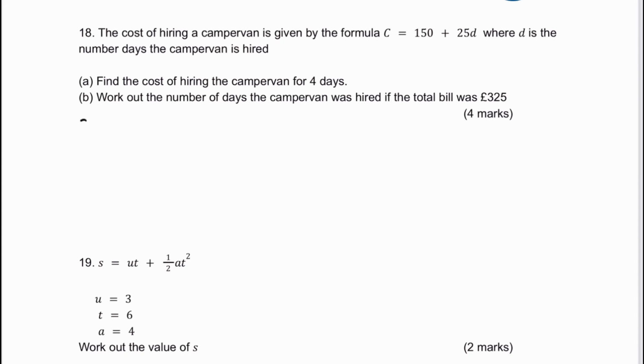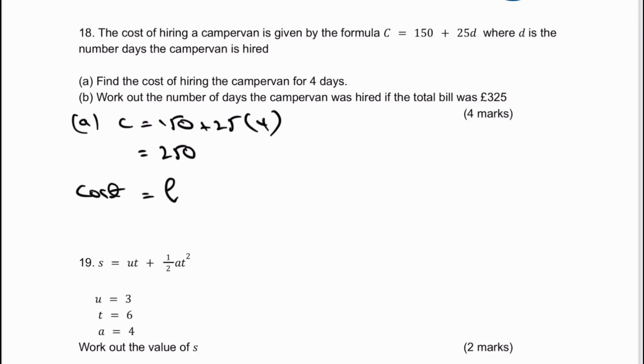So C equals 150 plus 25 multiplied by 4 days, so that's going to be 150 plus 100, which is 250. Therefore the cost for hiring for 4 days is equal to £250, and that's the answer to part A.